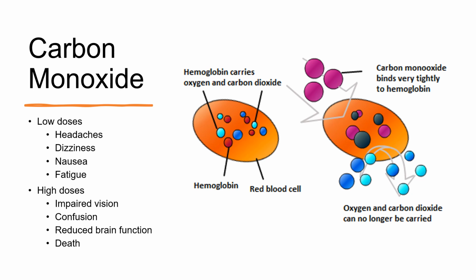Carbon monoxide can also bind to other molecules such as myoglobin, and that can subsequently cause significant damage to the heart and the brain. So basically, your body is deprived of oxygen when carbon monoxide is binding to hemoglobin in your blood, and that is what causes all of these symptoms and eventually death.